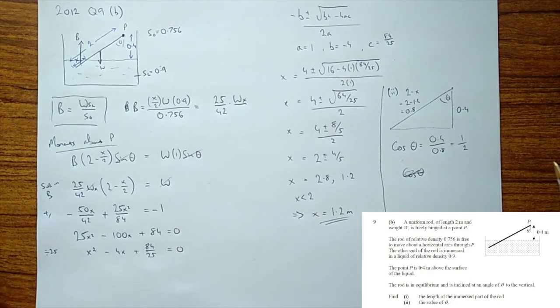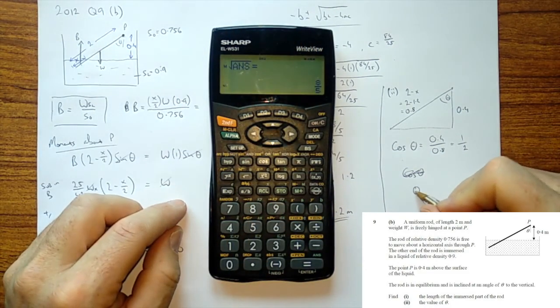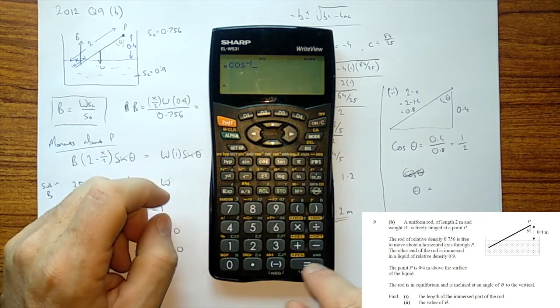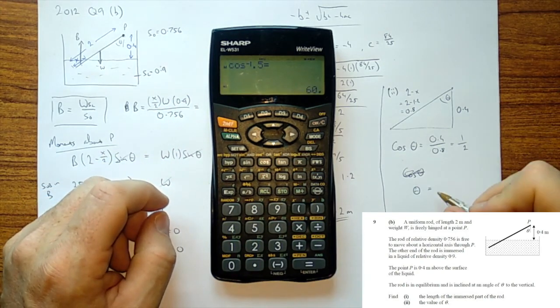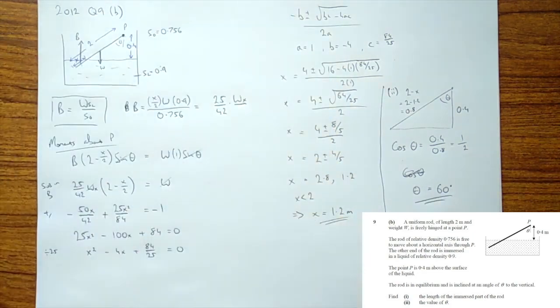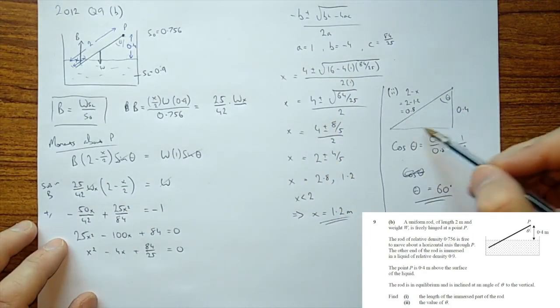Theta equals, and if you don't know this off the top of your head, that's okay, cos inverse 0.5, 60 degrees.